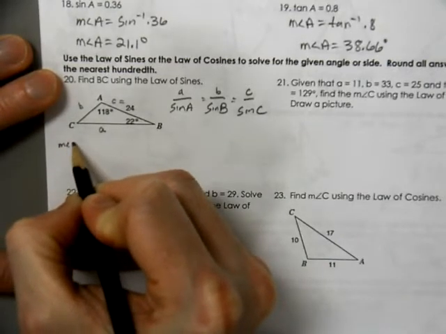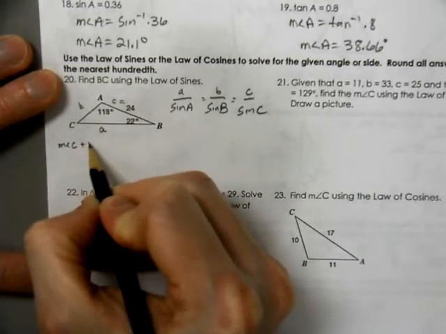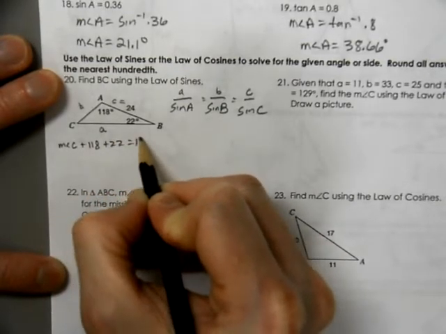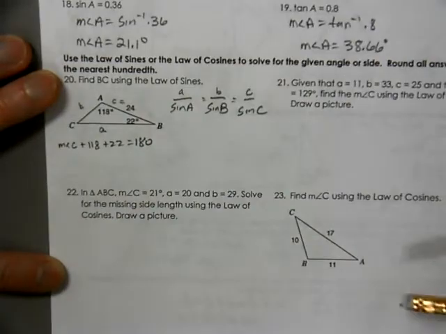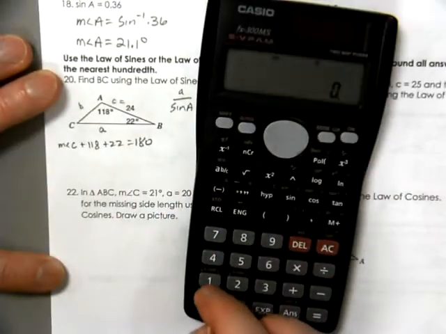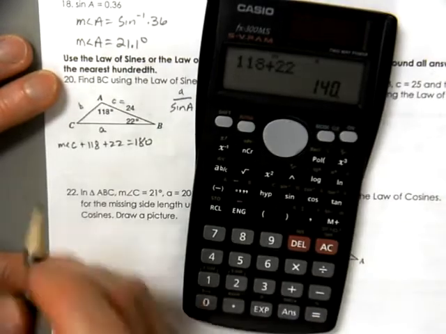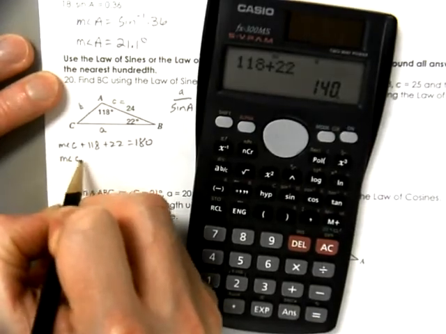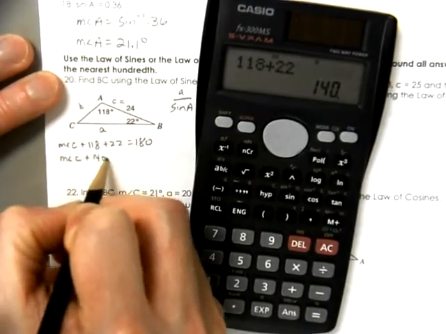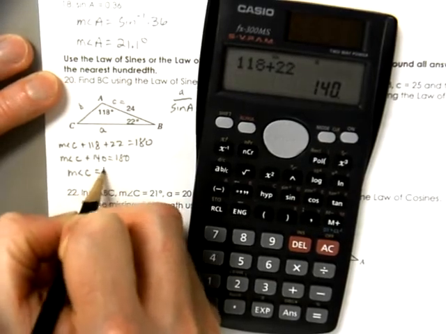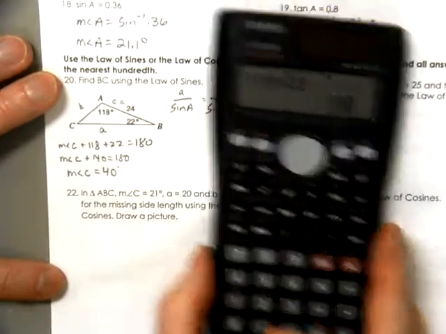So the measurement of angle C plus 118 plus 22 has to equal 180. So take your 118 and add the 22 to it. So we know that the measurement of angle C is going to be 40 degrees.